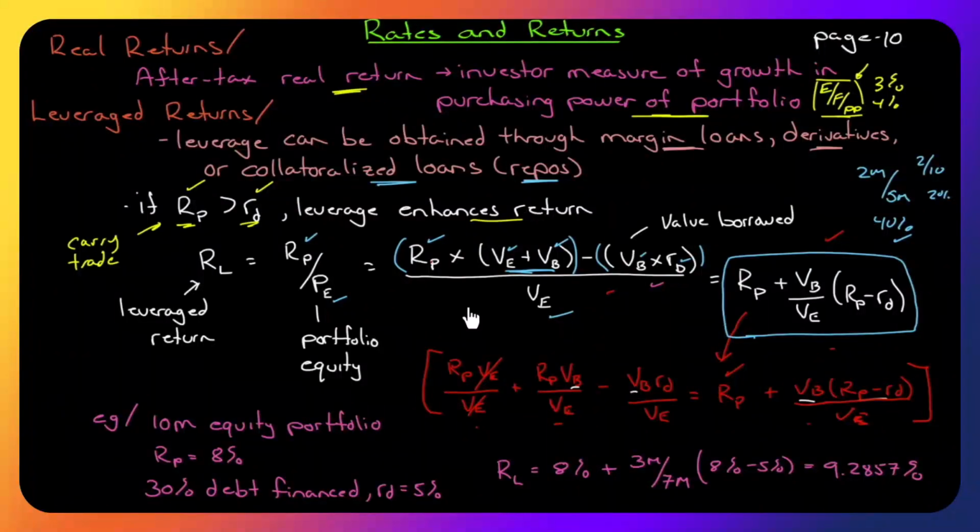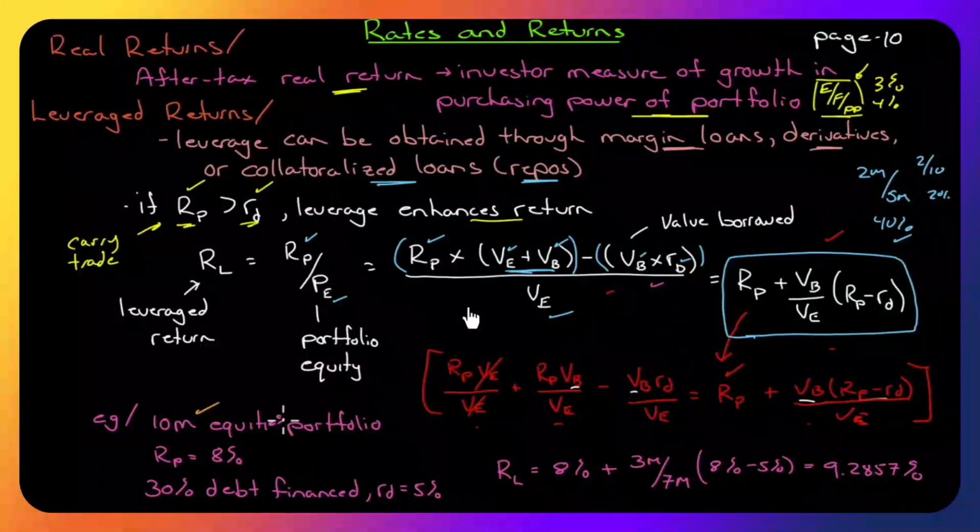So let's walk through a very quick example just so you see how the numbers fit together. Let's say that we have a $10 million equity portfolio. And this is sort of the wrong word to use, so let me just make a quick correction here so there's no confusion. We have a $10 million portfolio of equities, of stocks.